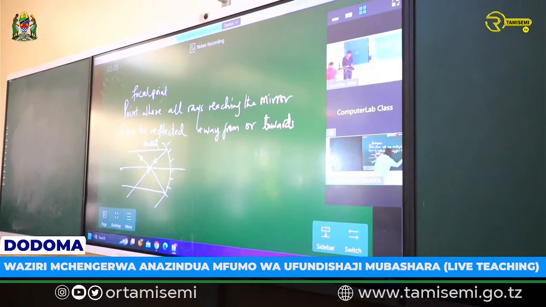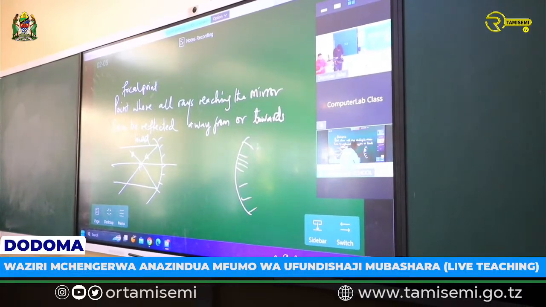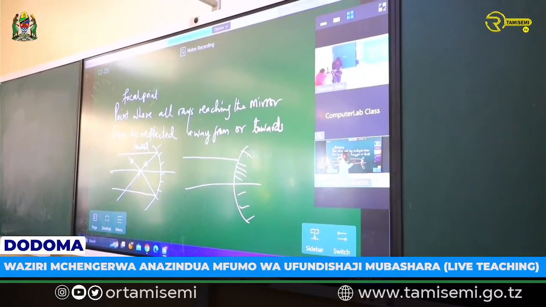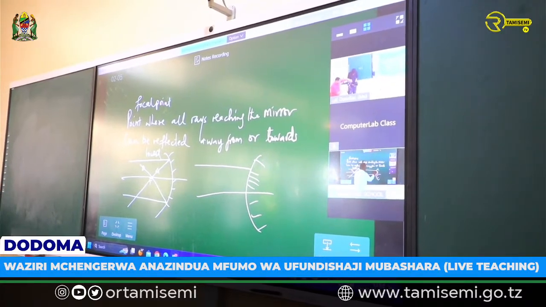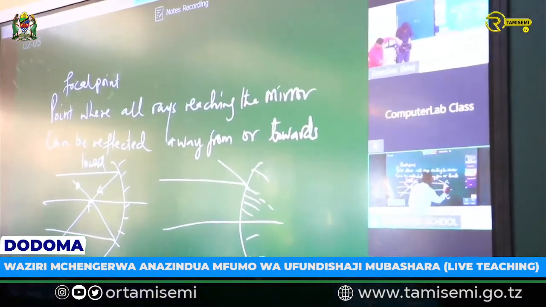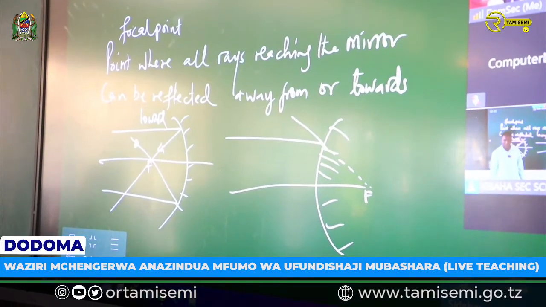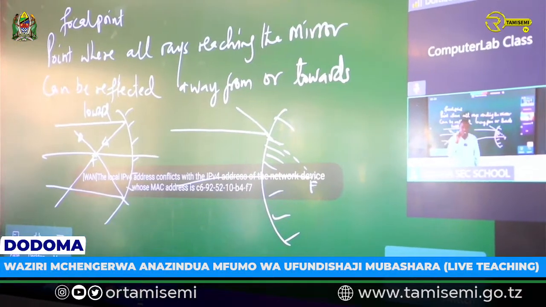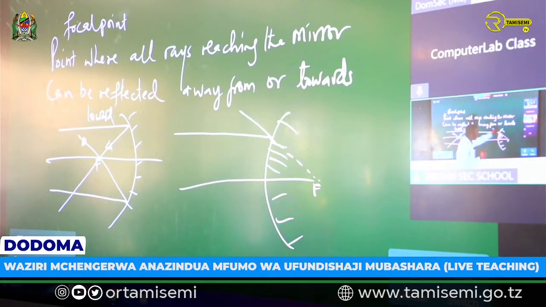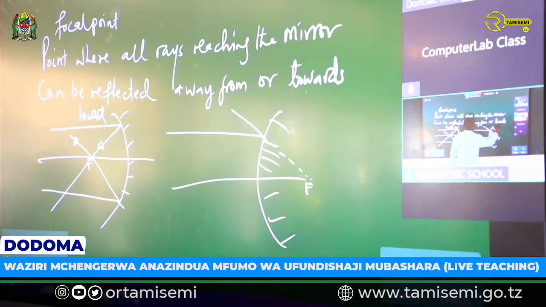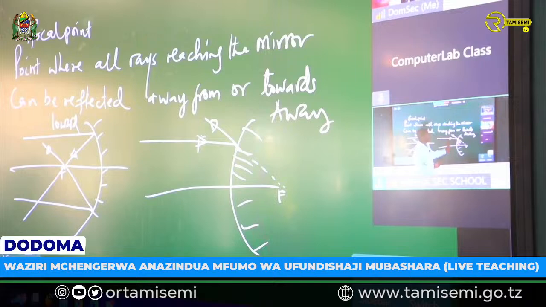But if now we have a convex mirror, then light falling on it is not reflected randomly; the reflection must have an imaginary line reaching point F. So we say the light is being reflected away from the focal point, because this is a diverging mirror.